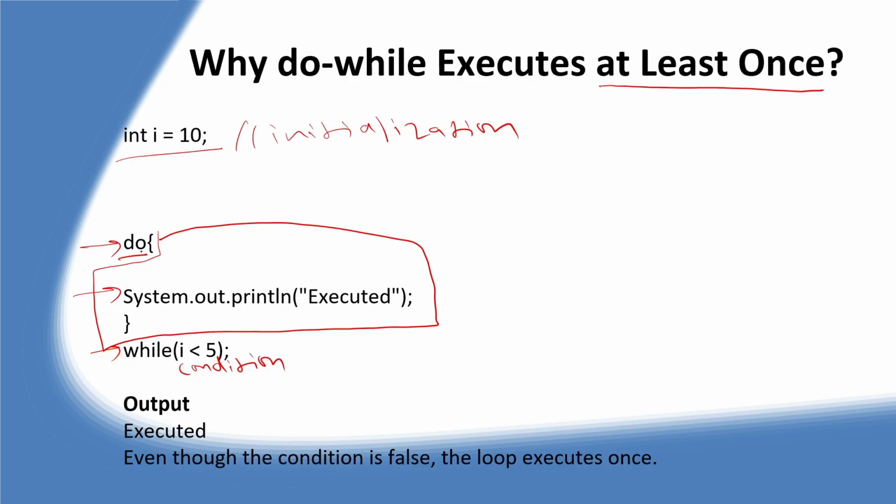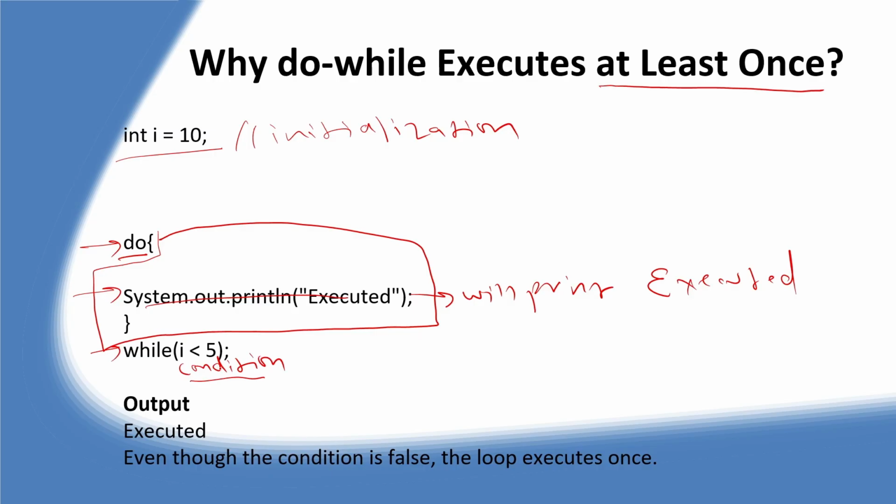Starting with do, it will print the line "executed". After printing, it will go for checking the condition.